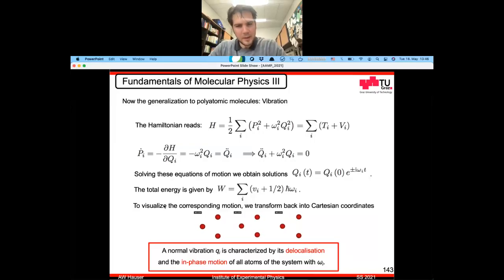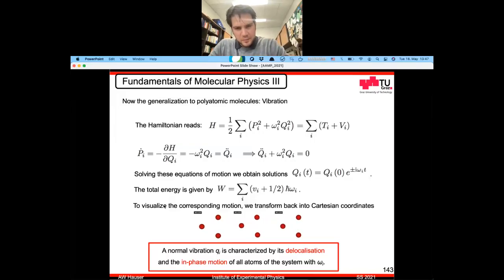And what makes these normal vibrations stand out through how they are derived is that normal vibrations are always delocalized, so they concern all the atoms of the system, and they are in-phase motions of all atoms, right? So if you look at the motions and the changes with respect to the equilibrium geometry, these are all in phase.